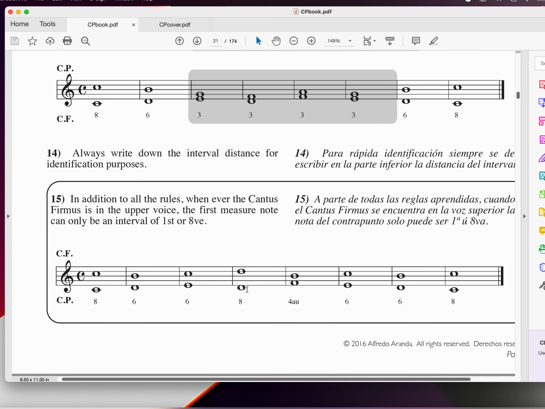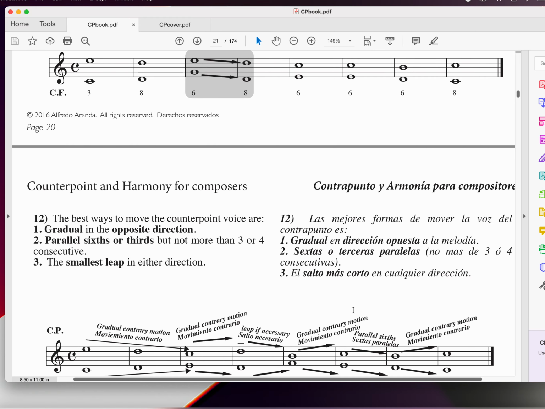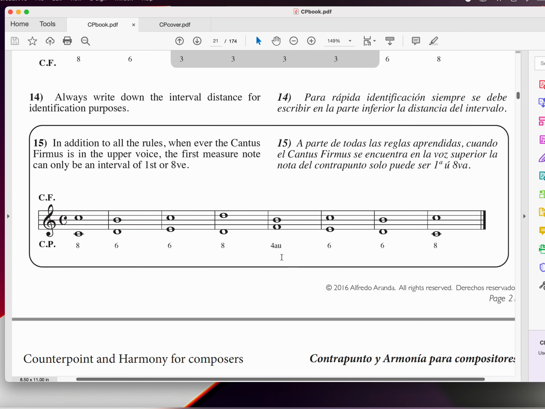Okay, let's say this is another exercise. This one, it's like the one we made up here, only that this is just by itself. So this is letting you know that whenever you write the melody on the top, all the rules that we talked about apply.